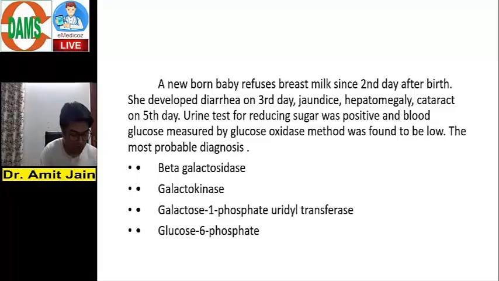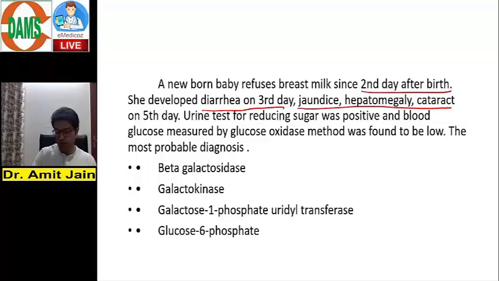Okay, guys, what is the answer? See, simple, no? A newborn baby refused breast milk since the second day after birth. She developed diarrhea on the third day, jaundice, hepatomegaly, cataract on the fifth day. Urine test for reducing sugar was positive and blood glucose was found to be low.